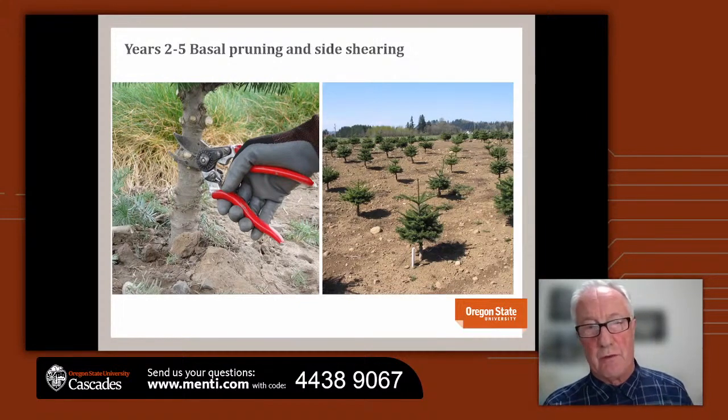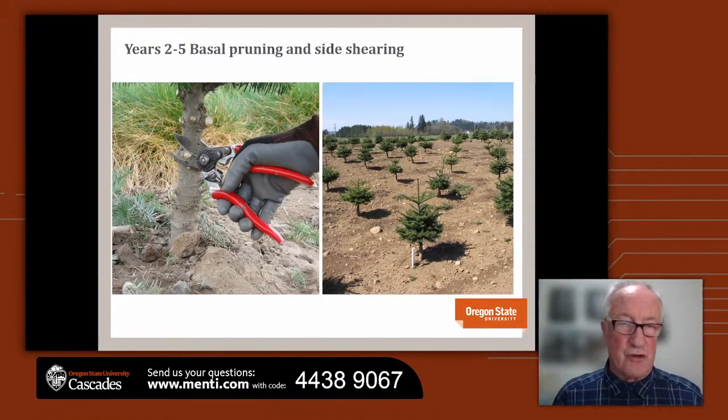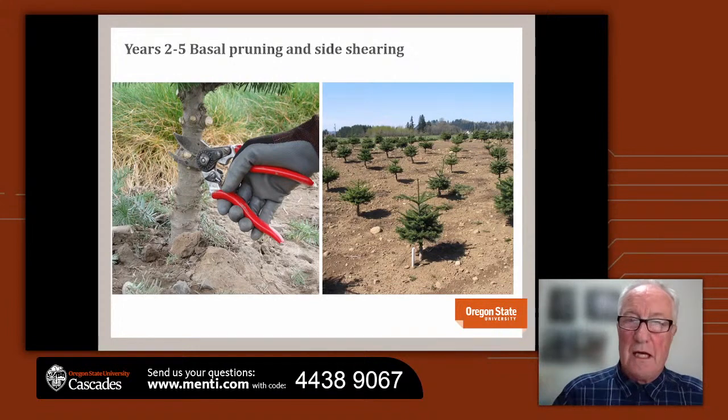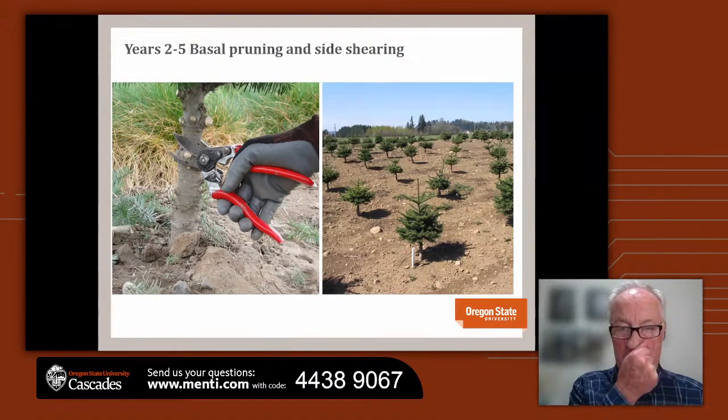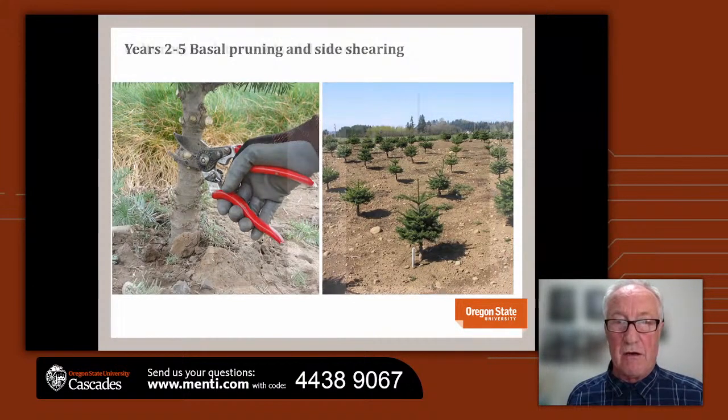It also gives you a place to put the tree stand without having to cut the branches when you get it home. And when the trees are starting to get too wide, as in the picture on the right, growers will start doing side shearing. So basal pruning is first, and then working on side shearing to keep the trees fairly narrow.